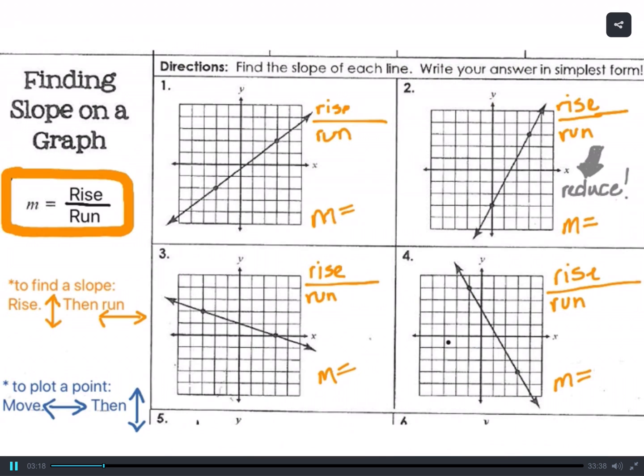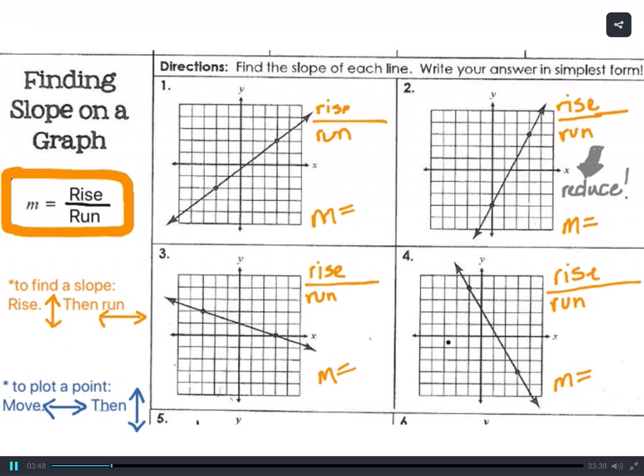All right, let's go down and look at these examples, but before we jump into the examples, I want you to notice the notes that I have over to the left. In yellow, I have how to find the slope of a line, where we do rise, so we go up and down, and then we do our run, which is left to right. And this is where a lot of students run into some trouble.